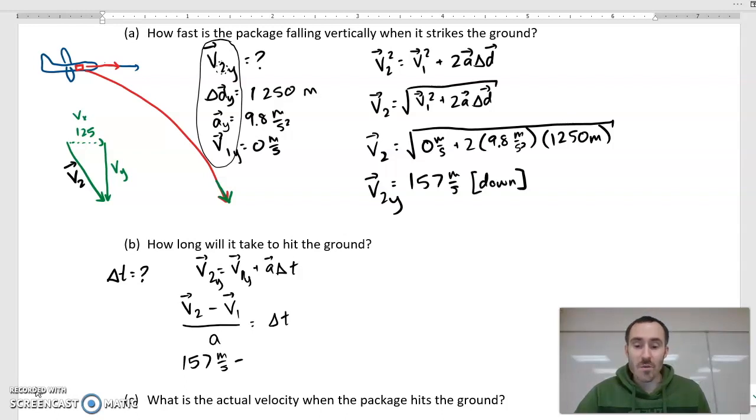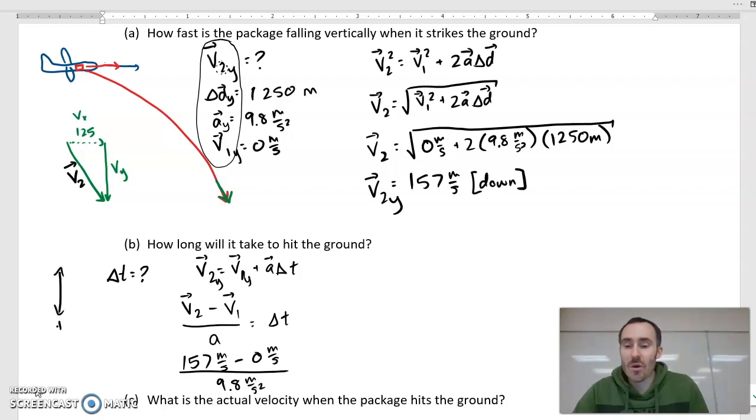And so our v1y is 0 meters per second. And so we're going to divide that by 9.8 meters per second squared. Everything that we're doing is downward, and so I have just named down positive. So all of these values are positive because they're all down. And so that gives us our change in time, which in this case is 16.0 seconds.